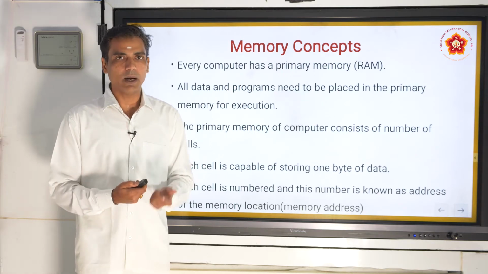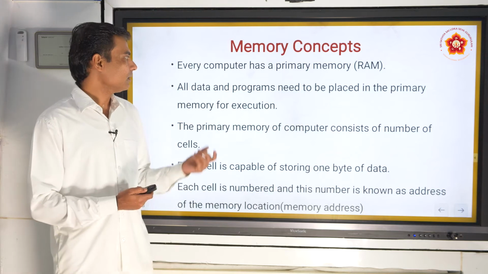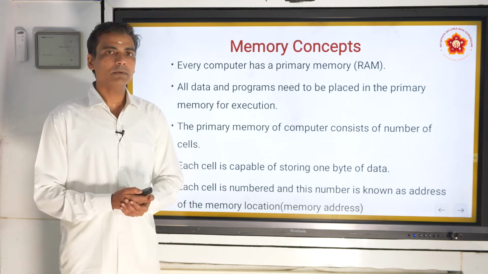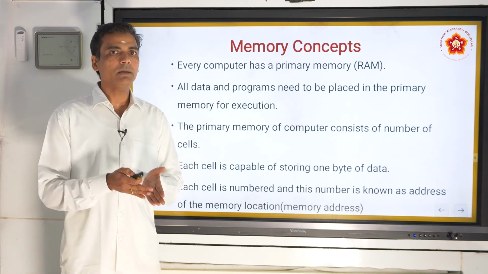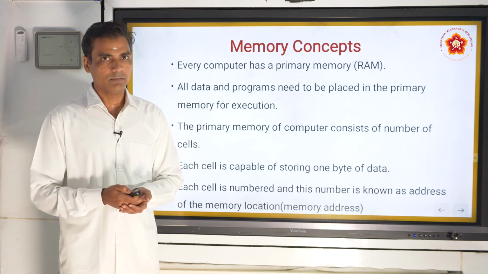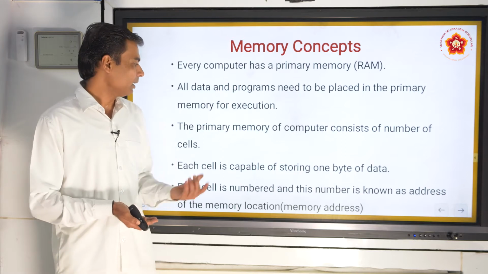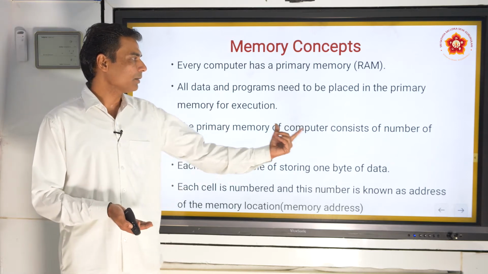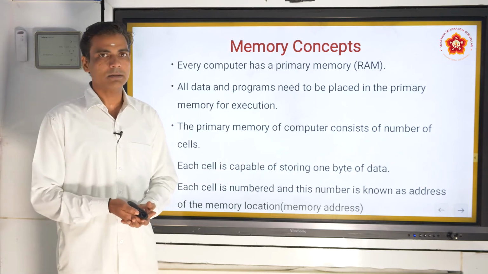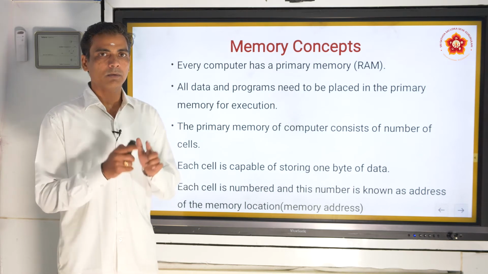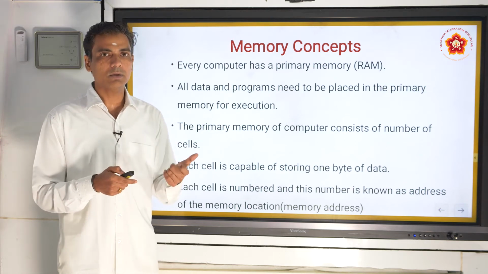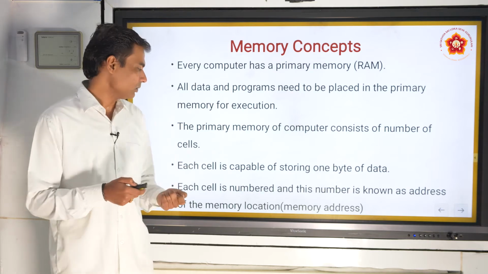So RAM is required. Then all the data and programs we need to bring to the RAM in order to process. In hard disk we cannot process the data. The primary memory of a computer consists of a number of cells. One cell can store 8 bits of data, 0 and 1.